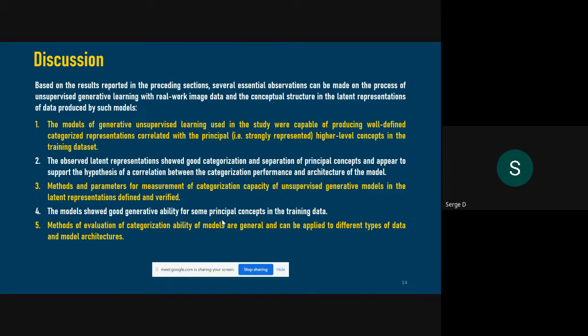We developed methods of measuring and identifying representation regions in the latent space for concepts which are both supervised, which use labeled concepts, and unsupervised as well.